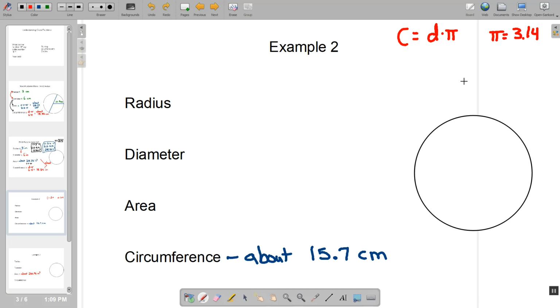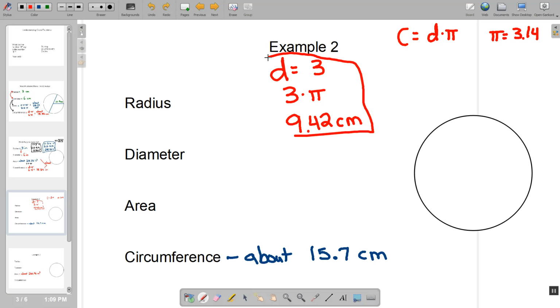And this time, I'm going to guess the diameter is 3. Okay? If the diameter is 3, I do 3 times pi, which is the decimal 3 14/100, and I get 9 42/100 centimeters, which is not correct, so that means the diameter cannot be 3.